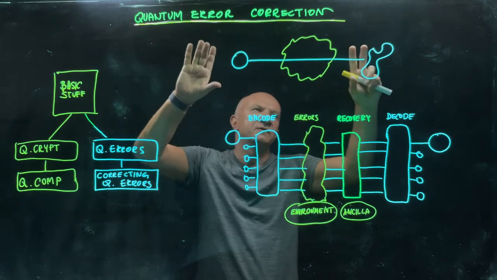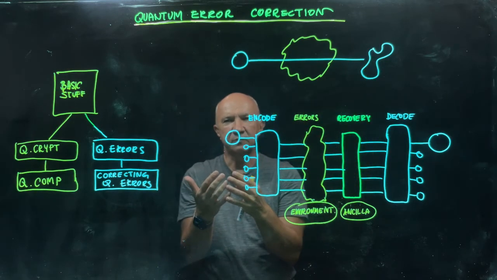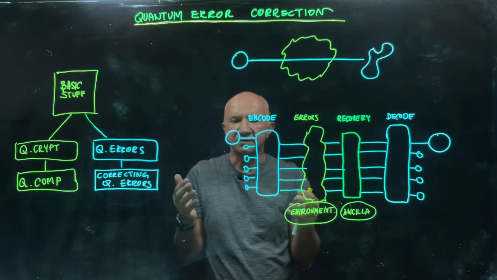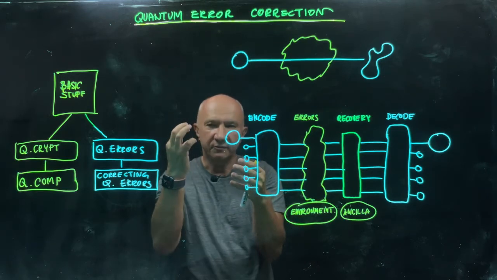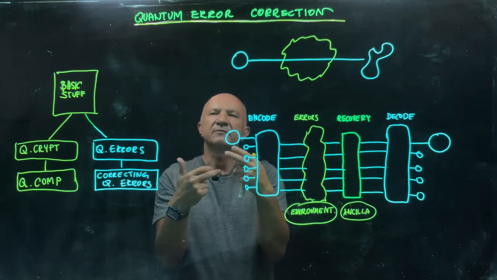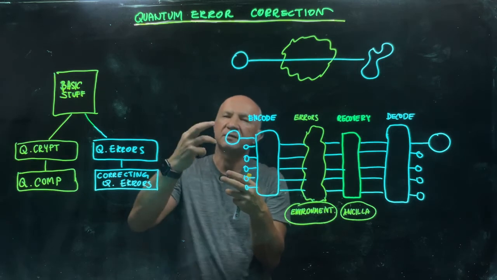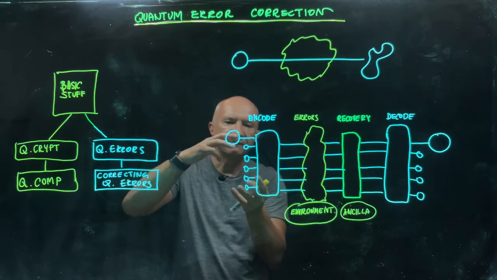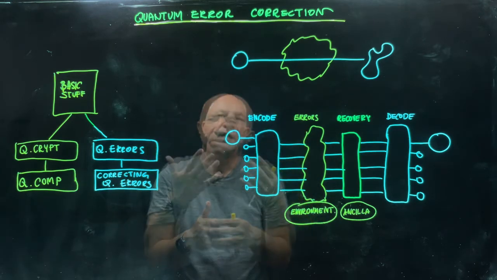Instead of this kind of scenario, we are going to encode the state of the qubit into a number of qubits. So we are going to bring a few more qubits and take our original qubit, and we are going to perform a unitary operation that maps the unknown state of the qubit into a set of qubits that will form our encoded qubit.